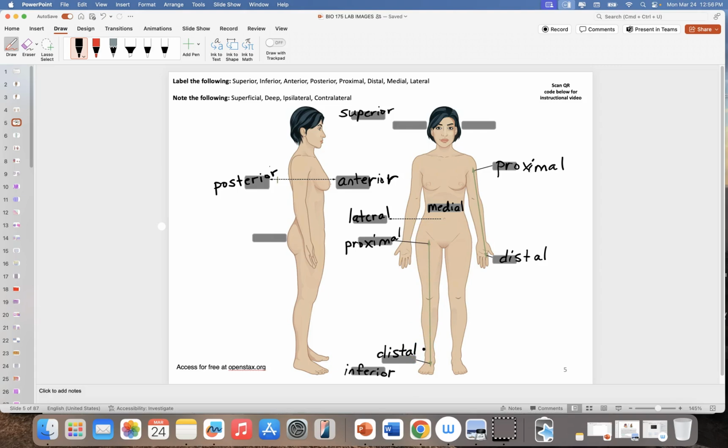We also have some other terminology that we can note the definition of. Superficial is going to be at or close to body surface.